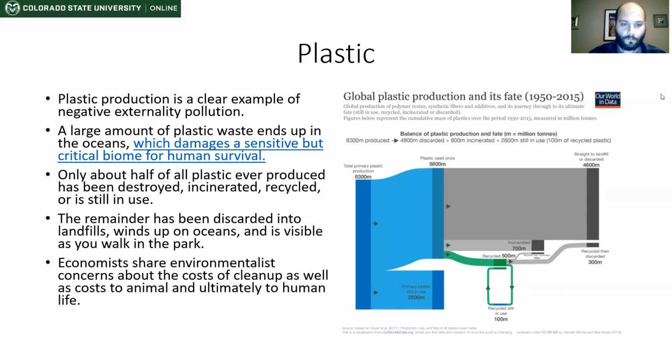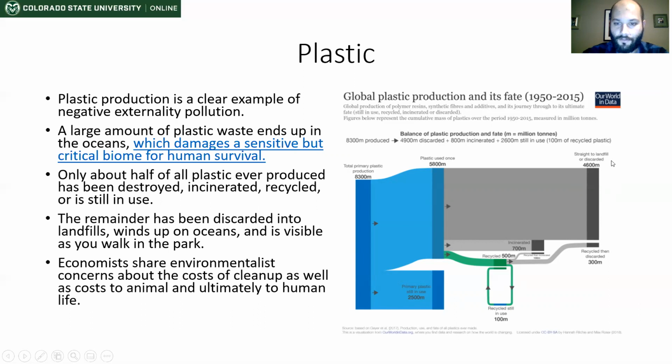So I have some links posted on the extent of plastic pollution of oceans. That'll be a good topic of discussion for our final week's discussion. What we're showing here on this graphic is that only about half of the plastic ever produced in the world has been destroyed or incinerated or recycled, or is still in use. The other half has been discarded or is in landfills.